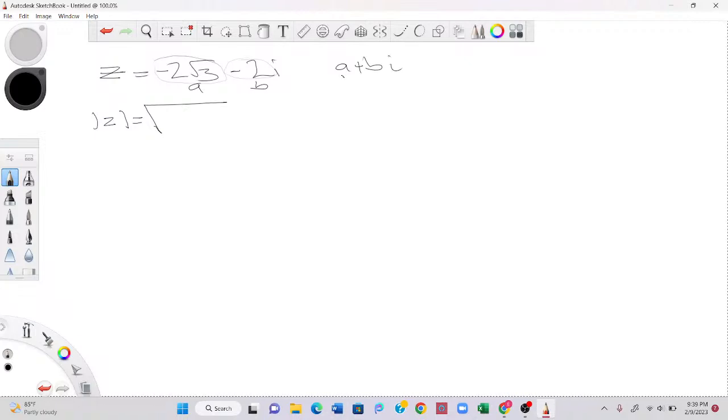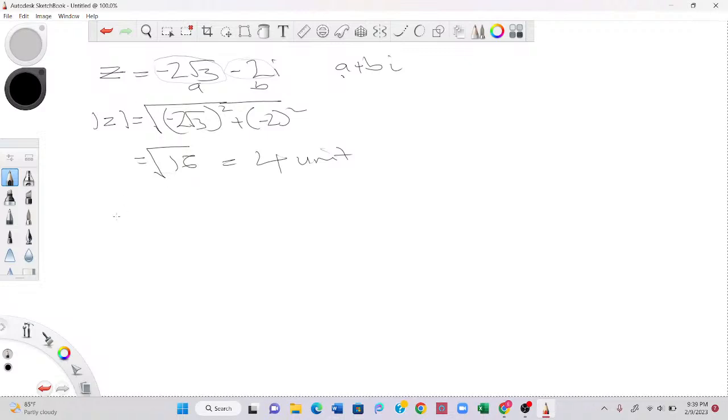So that will be negative 2 root 3 squared plus negative 2 squared. Input it in your calculator and you get root 16, which is 4. That'll be your absolute value, or modulus. So 4 units.